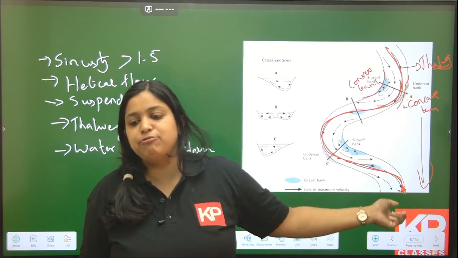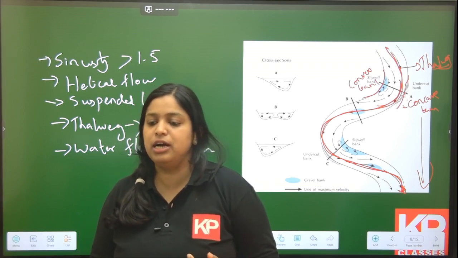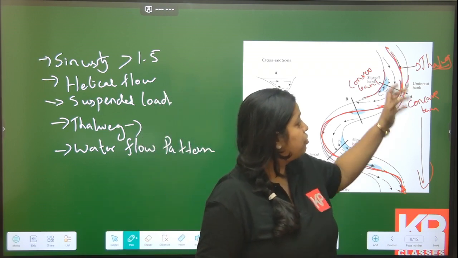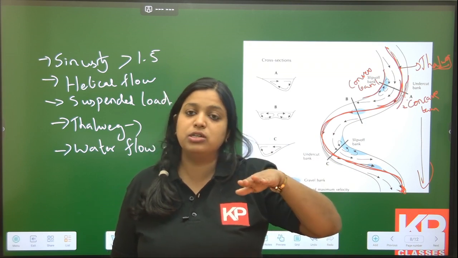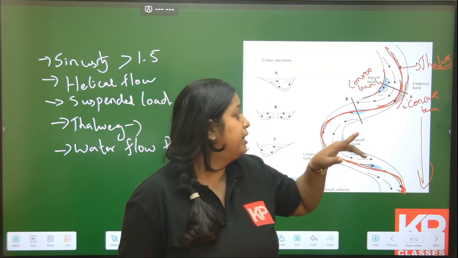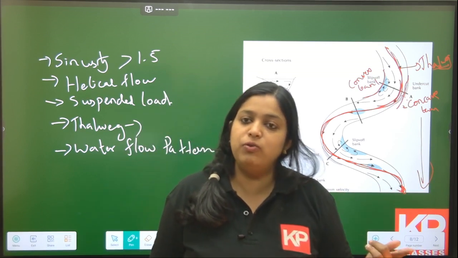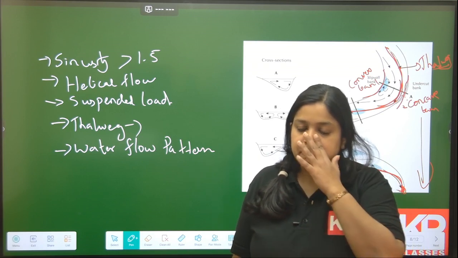Because of the centrifugal force, the water will be pulled over here. This also causes the water surface to be elevated in the concave bank. Water level will always be higher in the concave bank than the convex bank.